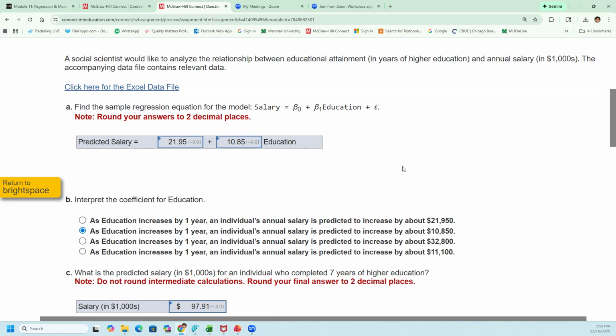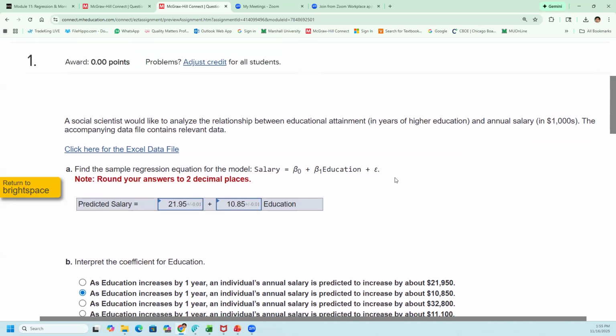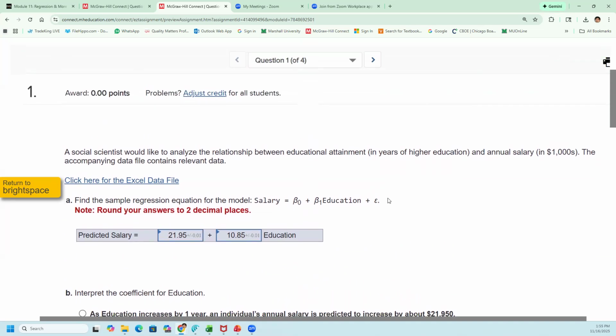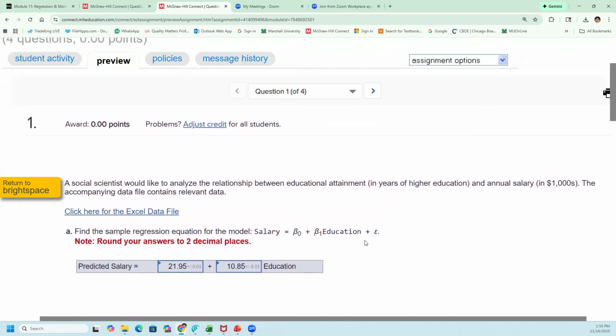But male or female is a categorical variable, and we can convert that into a numerical variable by saying male is 1 and female, not male, is 0. That is called a dummy variable, and we'll talk about those as well.